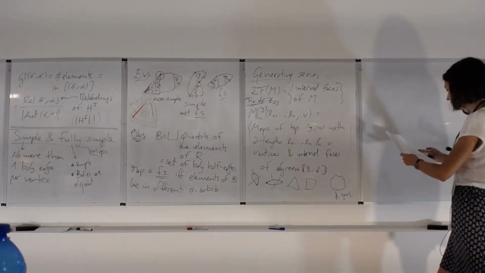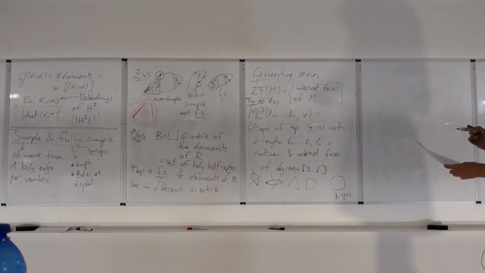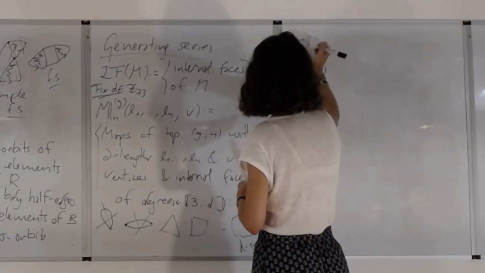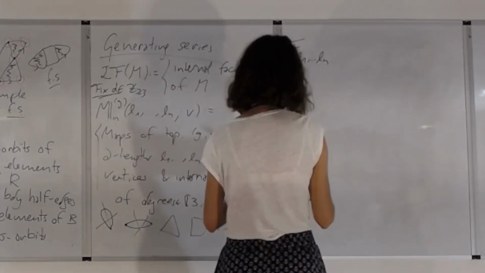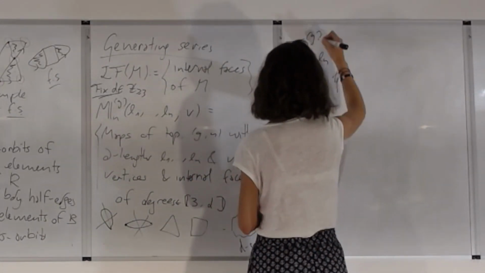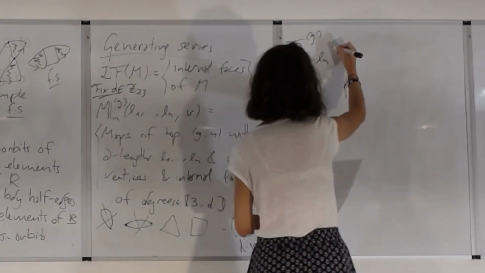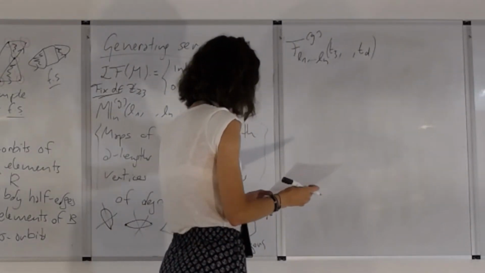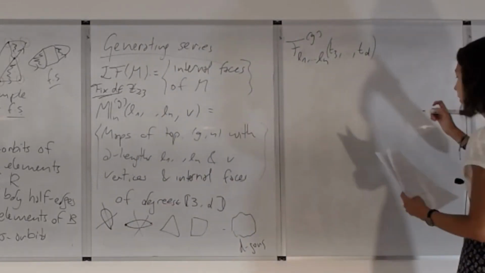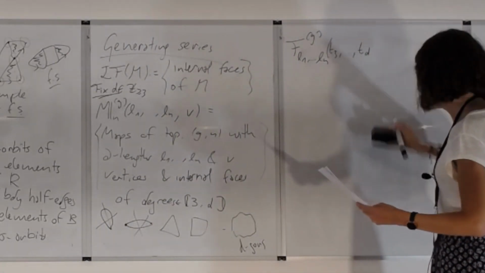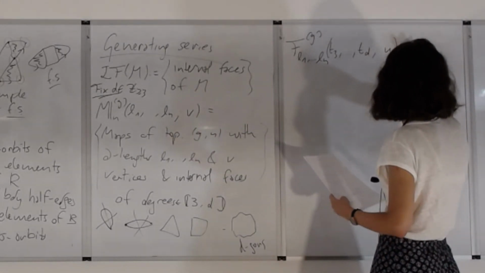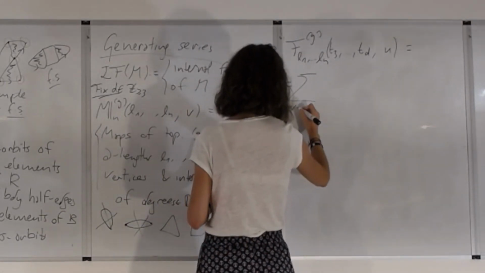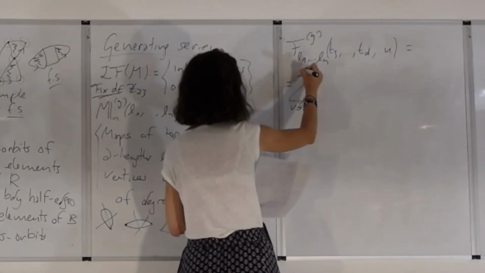Okay, so the generating series. Maybe I don't have enough space here, but I will try. So the generating series of ordinary maps of fixed topology and fixed lengths, with these parameters for the internal faces that we will omit most of the time. And there is also a parameter u for the vertices. This will just be the sum over possible numbers of vertices that go from 1 to infinity.